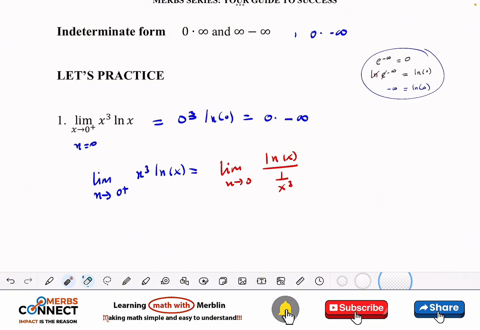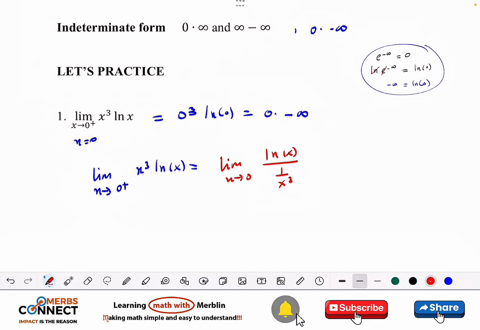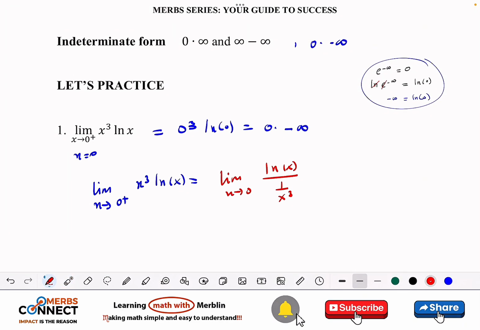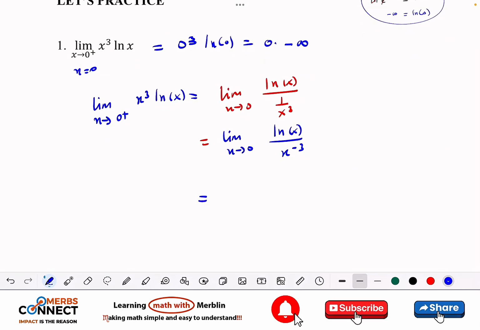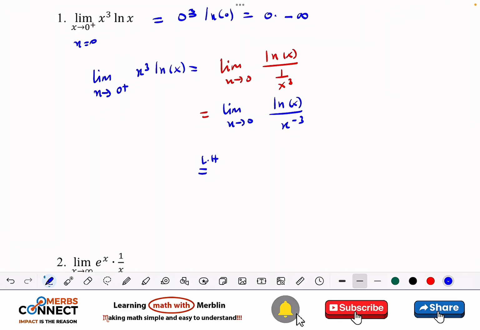So now that we have it in this form, we can differentiate. But for me to differentiate, I would like to write this one in this form first: the limit as x approaches 0 of ln x divided by x to the power minus 3, before I apply L'Hopital's rule. So let's go through the process.